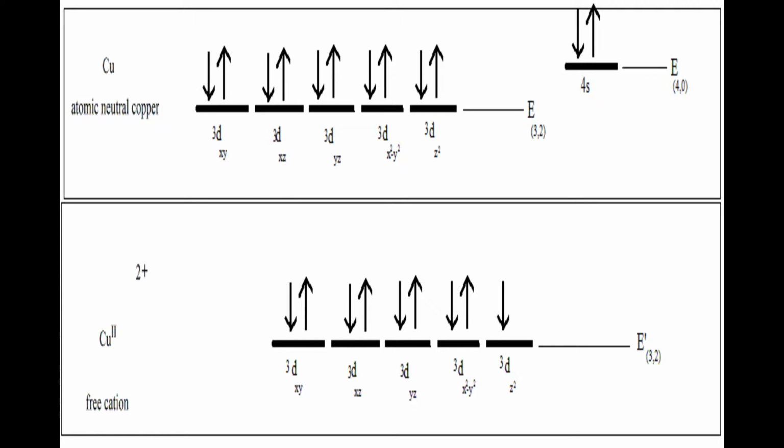So you can see that in the electron configuration under, copper has one non-paired electron, while in the above, all of the electrons are paired. So we can have a transition, but the problem is that all of the 3d orbitals still have the same energy.